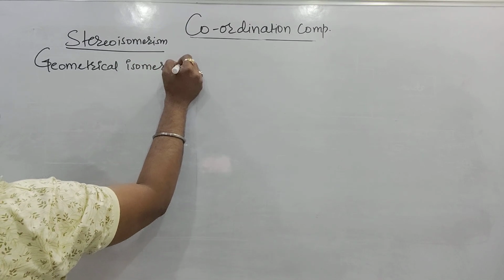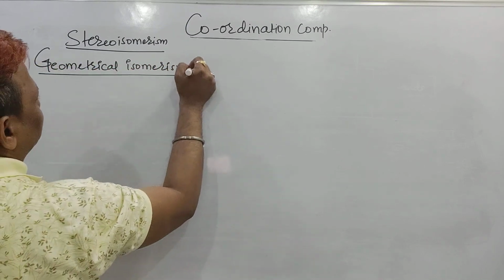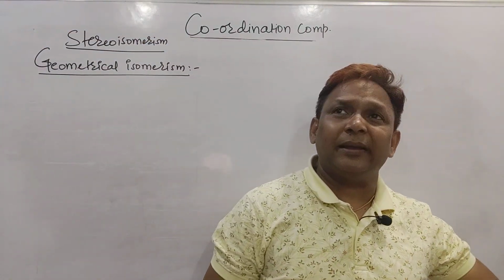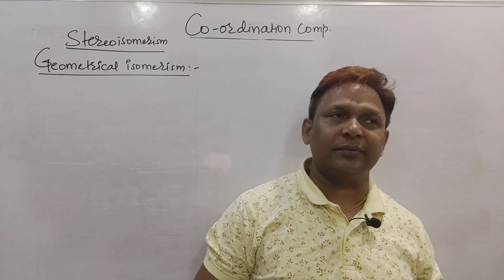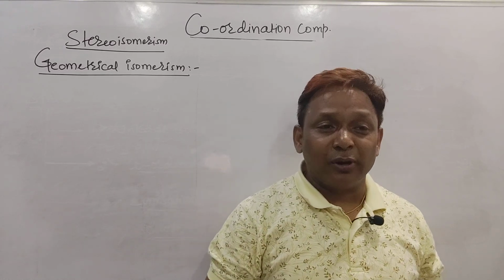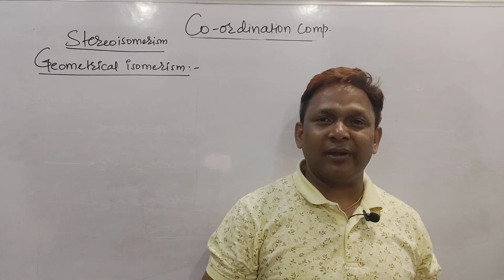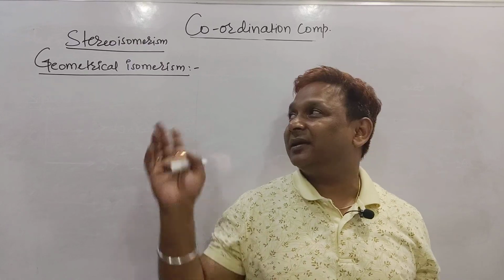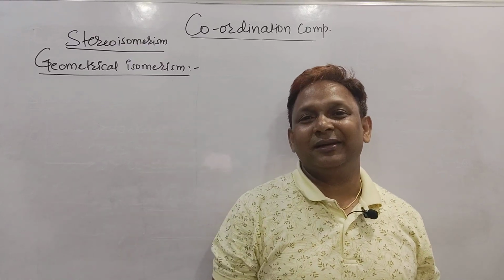In complex compounds, no need to apply the rule we learned in organic chemistry, where the compound should have restricted rotation, meaning a carbon double bond carbon. Here it is not required.